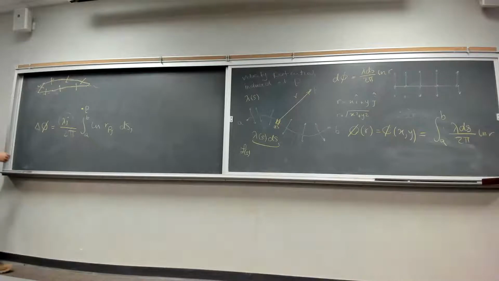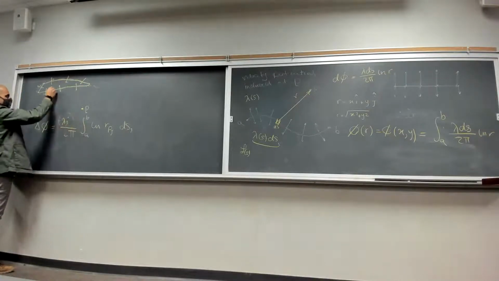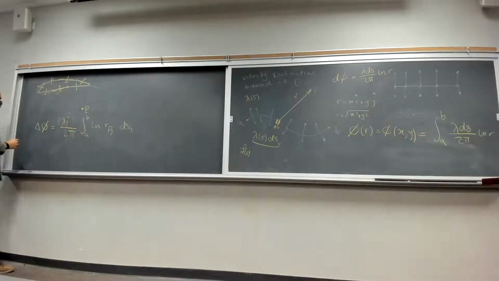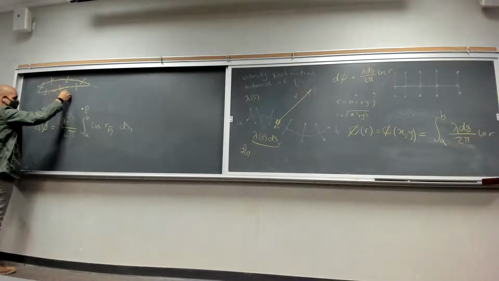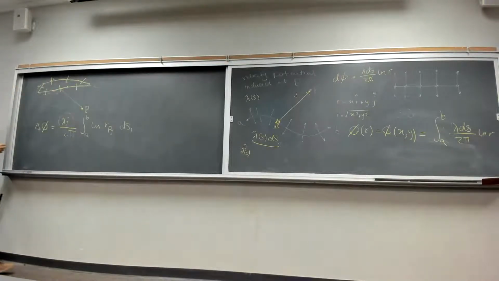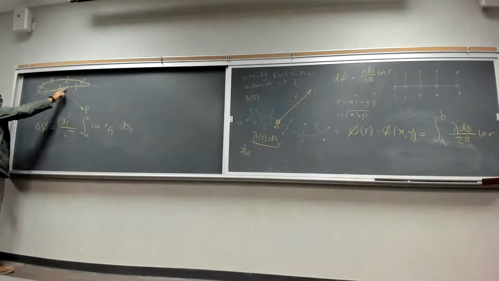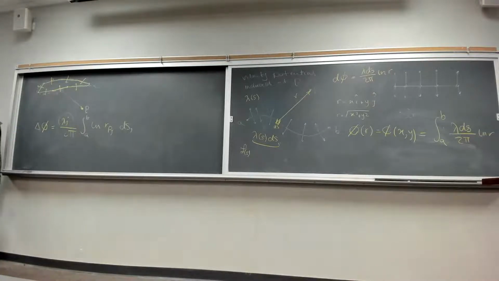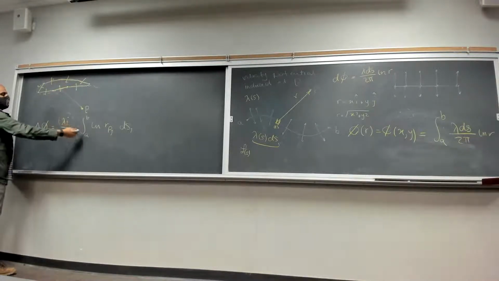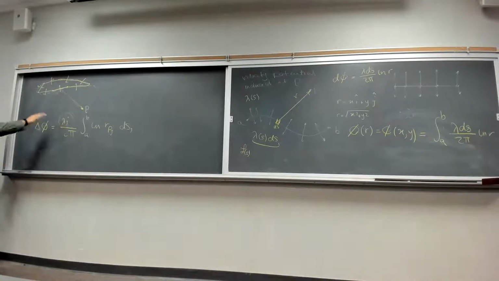We are looking at only one panel here, the velocity potential this one panel induces at point P. This lambda is not going to be a function of s because that was the definition. Lambda is going to stay constant on one panel, so we can take it out. And it's going to be lambda of j, which tells us that this is lambda of that specific panel. And 2 pi is also constant.